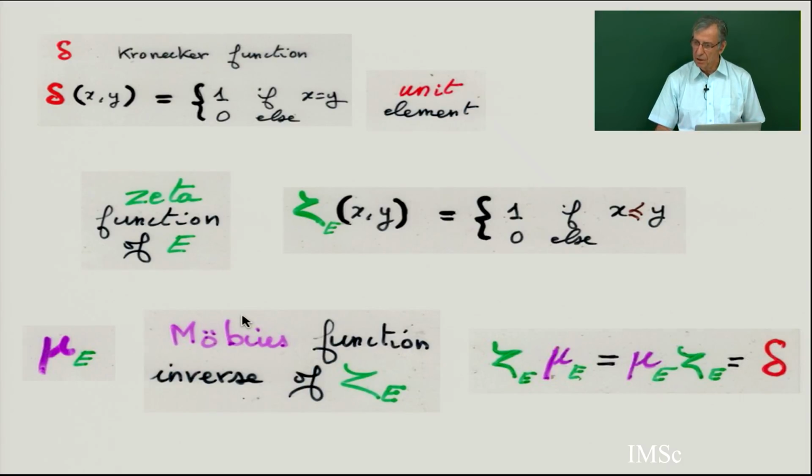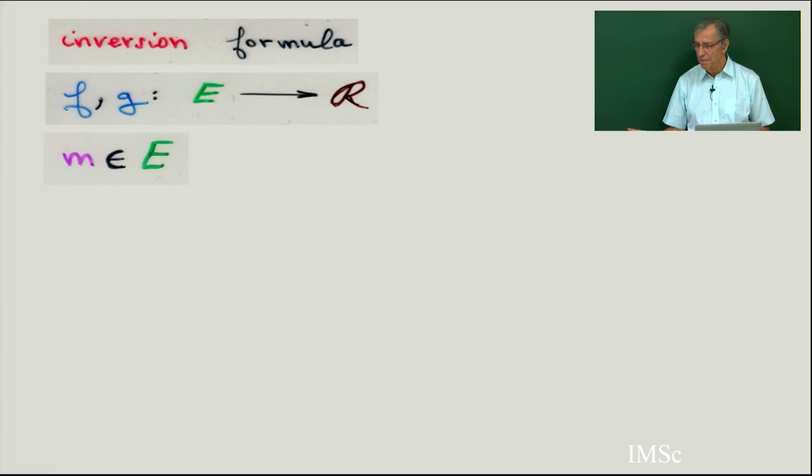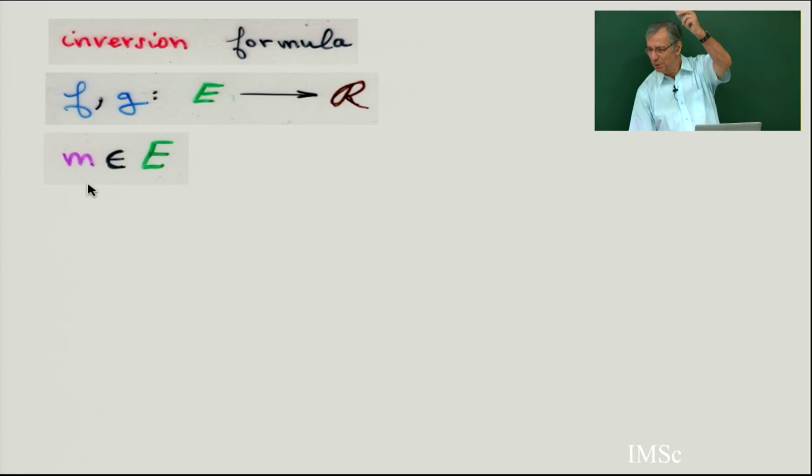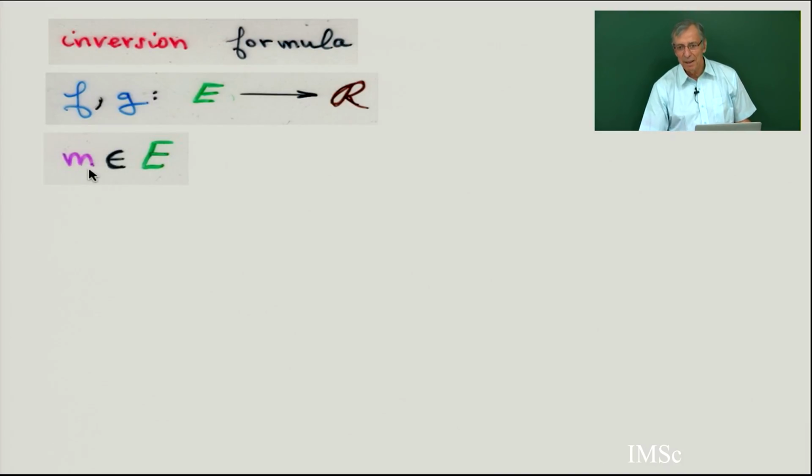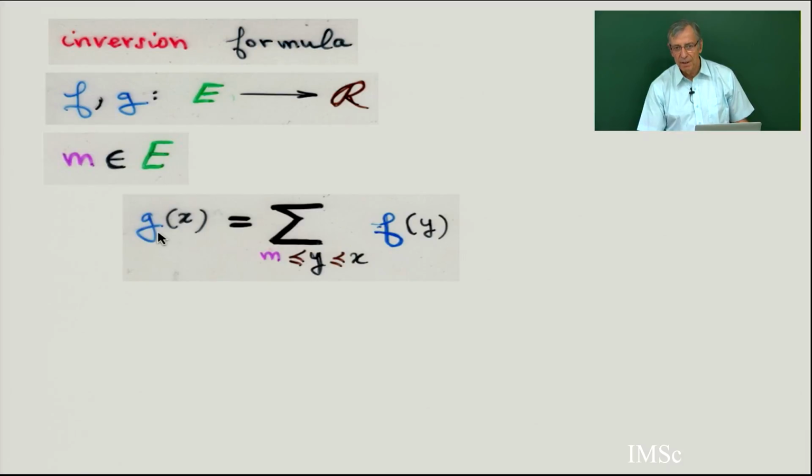So from this definition, I get an inversion formula in the incidence algebra. You take a fixed element m. Usually it's a minimum element of the poset. If there is no minimum, usually in Rota theory, you add an extra point 0 and an extra point 1 above, so that there is a maximum and minimum. But let's take any m in the poset. Then I define, analogous to the Möbius function in number theory: suppose I have a function f, and g is related to f by this.